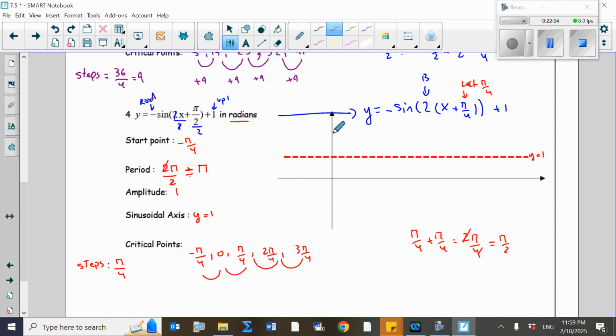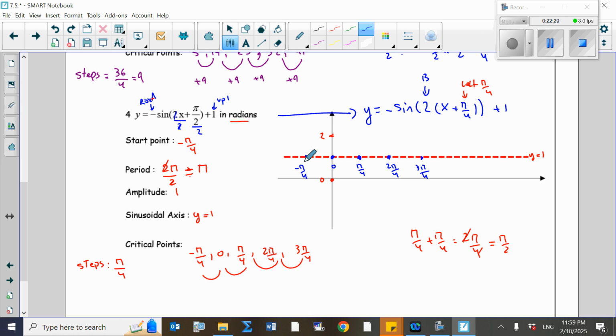So I go 1 up here and 1 down here. This is 2, this is 0. Now, the critical points are at negative pi over 4, 0, pi over 4, 2 pi over 4, and 3 pi over 4. Okay?